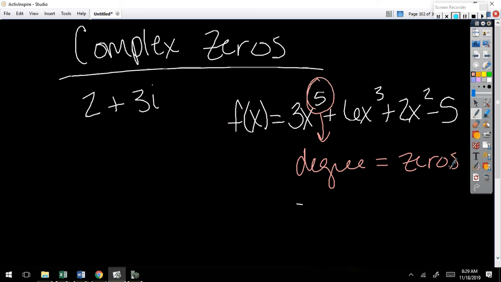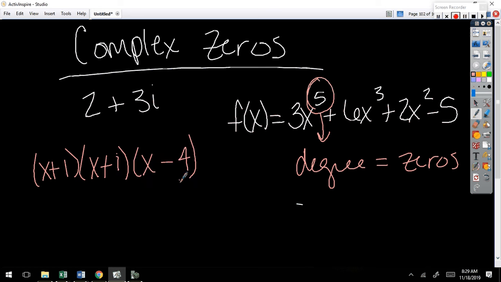This could include repeated zeros, though. So if I have something like x plus 1 times x plus 1 times x minus 4, then you see how x equals -1 happens twice?